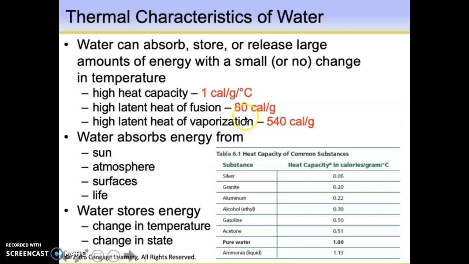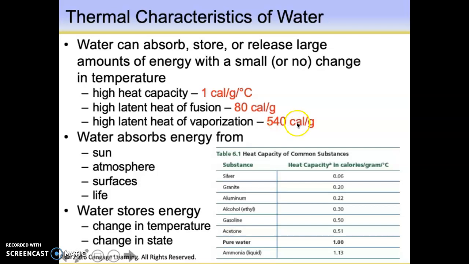The next factor we want to look at here is our latent heat of fusion. And this is the amount of heat that it takes to melt an ice cube. If you have a 1 gram ice cube, it takes 80 calories of heat energy to turn that ice cube into water.